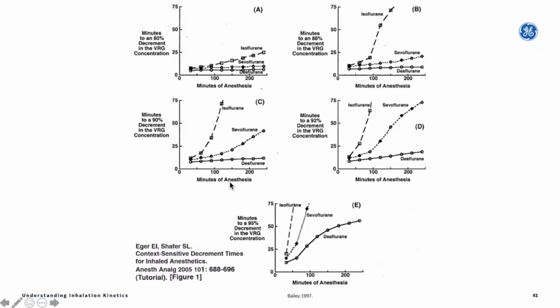If we look at a reduction to 92%, again, sevoflurane and isoflurane take an incredibly long amount of time. And if we finally look at a 95% decrement, desflurane finally starts to get a little bit long. That is as long as 50 minutes to get down to 5% of the level of anesthesia we had during the course of the surgical procedure.